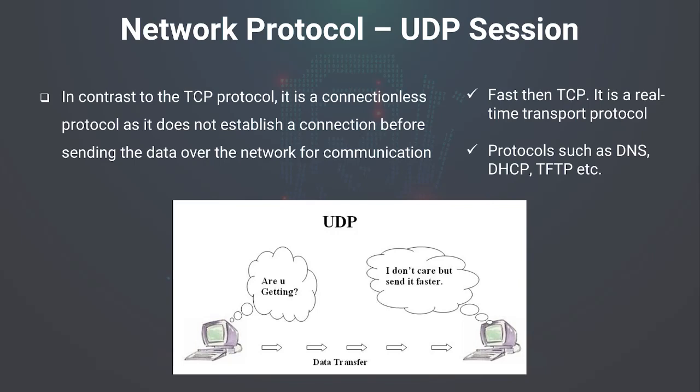This protocol is needed because many protocols require faster data services, such as DNS, TFTP, or, as a day-to-day example, video streaming. These have to be real time, so all the packets are sent back to the client as soon as possible.